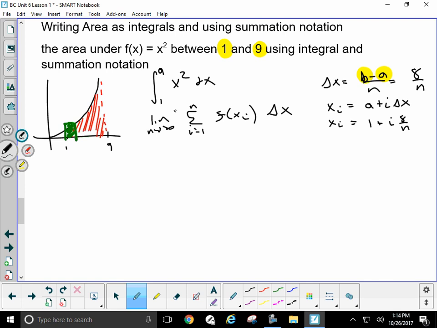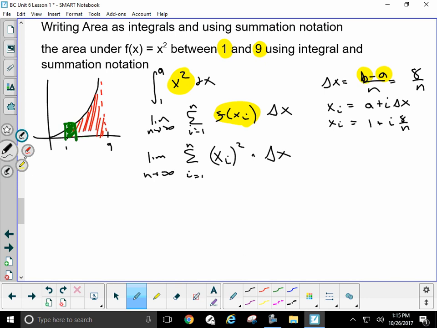And I can actually rewrite this whole thing starting by replacing x squared for f of x. So let me show you the first thing I could do. I can rewrite this as a limit as n approaches infinity of the sum I starts at 1 goes to n of xi squared times delta x.